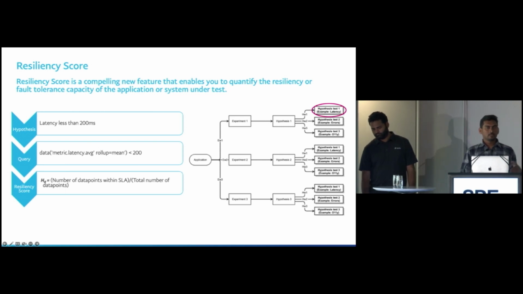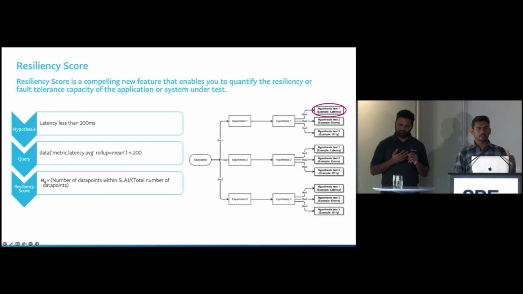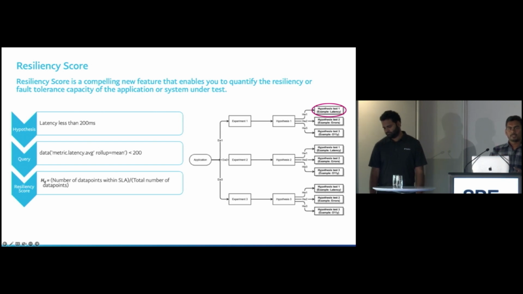Then translate that into the query for your observability platform. It could be as simple as the average latency being under 200 milliseconds. Now, during the fault injection window, see how many of the data points fall within the SLA compared to the total number of data points, and that is a measure of your resiliency score.